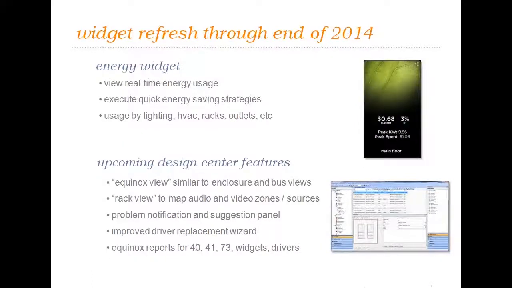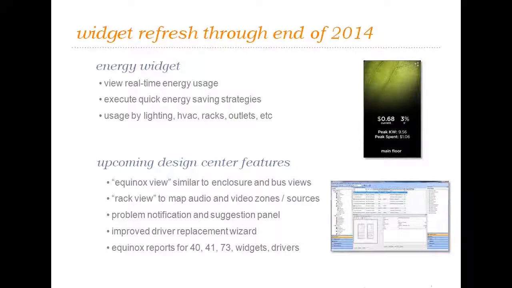One of the new widgets that we'll be working on, and this is just a mock-up, don't go right away selling this to your customers, is the energy widget. With the energy widget coming at the end of the year, you're going to have the capability of viewing real-time energy and executing strategies to save energy for lighting or HVAC. Plus, we'll have breakouts on usage by the lighting system, or by area or by floor.